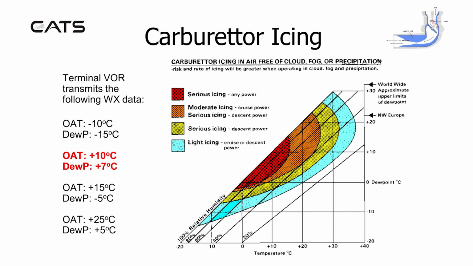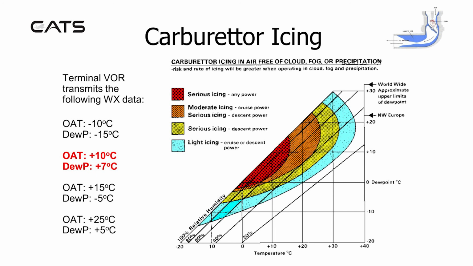At temperatures as cold as minus 2 or 3 degrees and as warm as plus 15 degrees, there's still a risk of serious icing when the relative humidity, which is the other scale on this graph, is above 60%. That's the red portion.